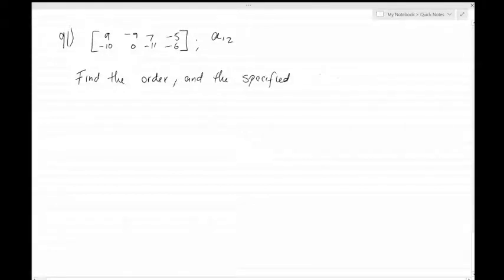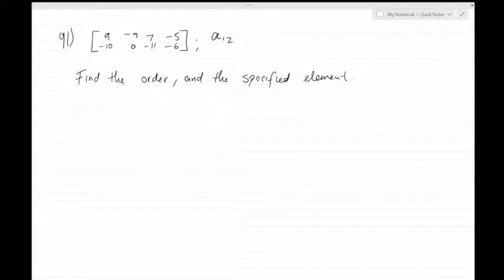So we're asked to give the order of the matrix and identify the given element in the matrix. So find the order and the specified element. So remember, order, it's just another word for dimension.